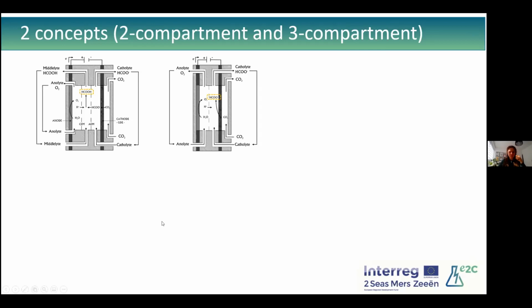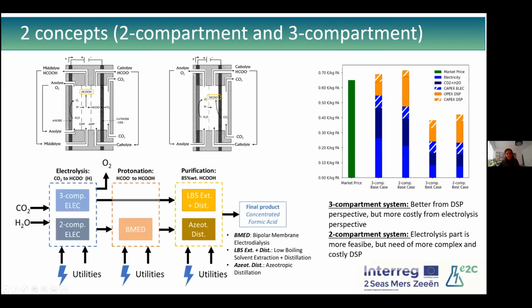So from the process perspective, the 2-compartment electrolyzer needs an additional step for the protonation of formate to formic acid, which makes the downstream process more complex and therefore more costly than the 3-compartment system. However, in the 3-compartment system, the electrolysis is a bit more costly.